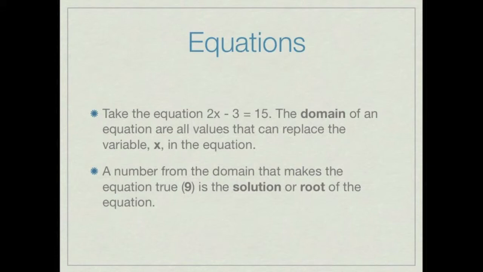Then if x was negative 1, the denominator would be 0 and it would be undefined. So the domain of that would be all real numbers except for negative 1, excluding negative 1. Anyways, moving on, a number from the domain that makes the equation true, in this case 9, is the solution or root of the equation.